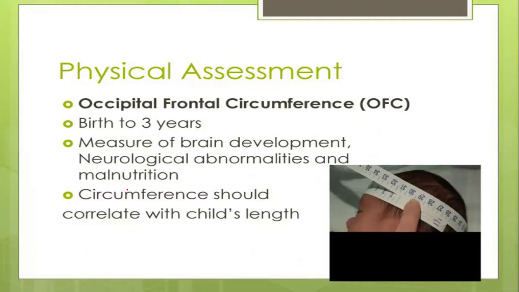When we're talking about the occipital frontal circumference, we have to take it into account from birth to the 3rd year, because that is when the brain increases its volume mainly. It measures brain development, neurological abnormalities and malnutrition. Circumference should be correlated with the child's length.